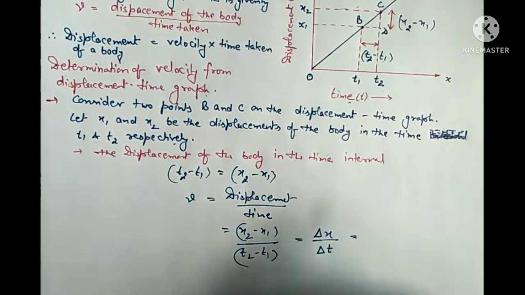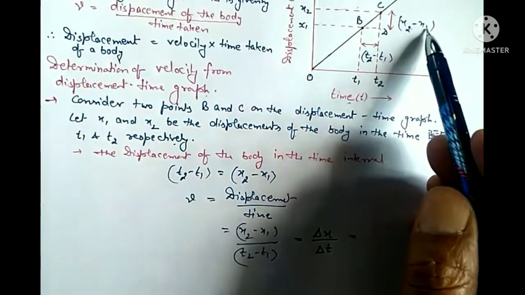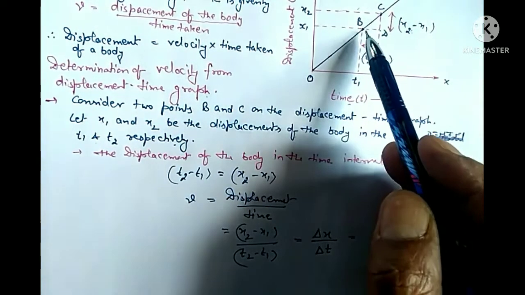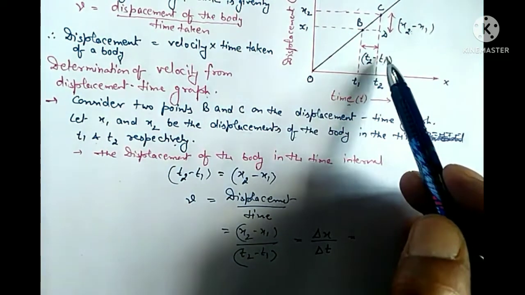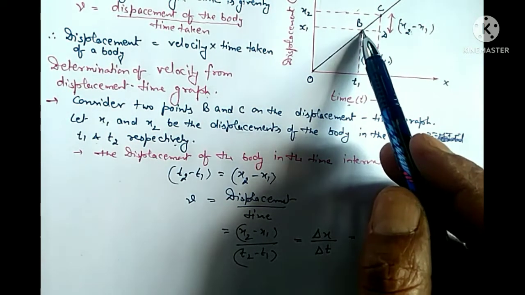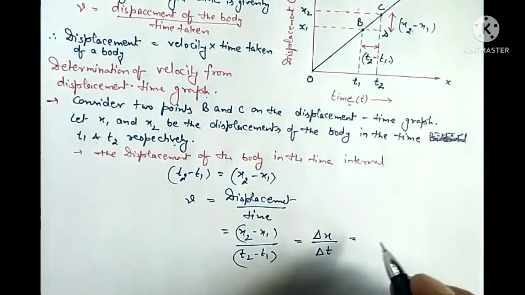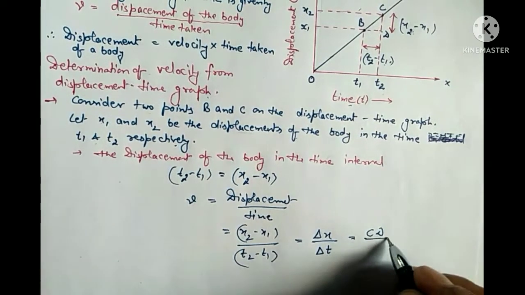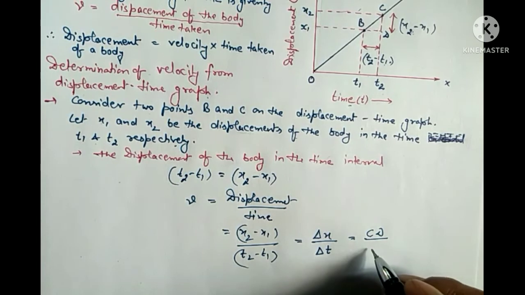Here del x is equal to CD and del t is equal to BD.